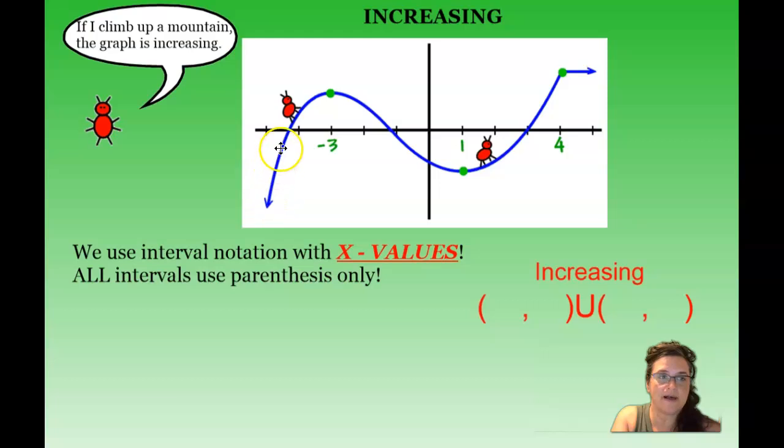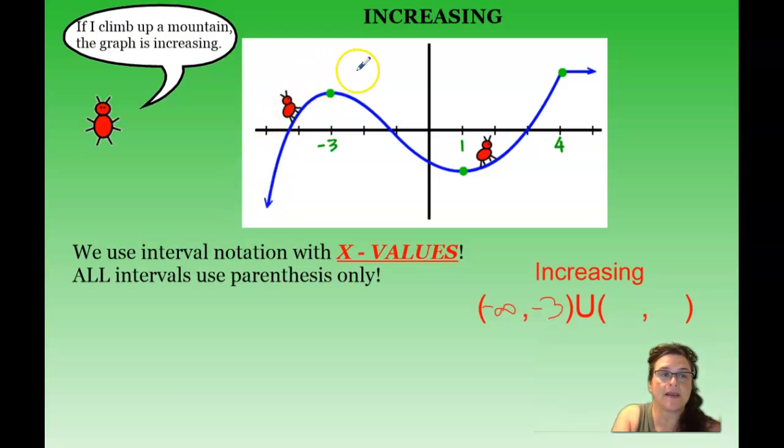So his y values are going up as the graph goes from negative infinity to negative 3 on the x-axis. That's how we would represent this interval: negative infinity to negative 3 would be the first interval where Pierre is going uphill.